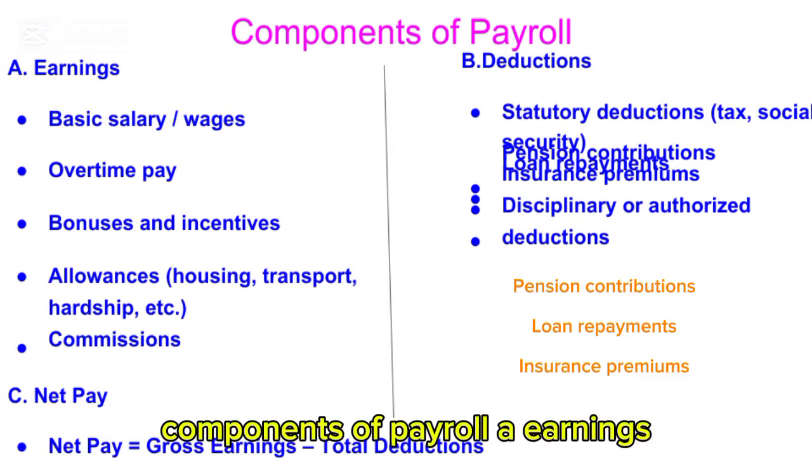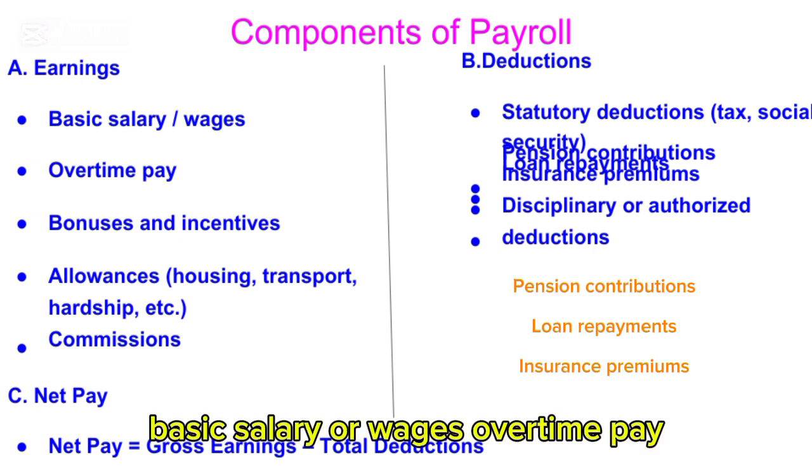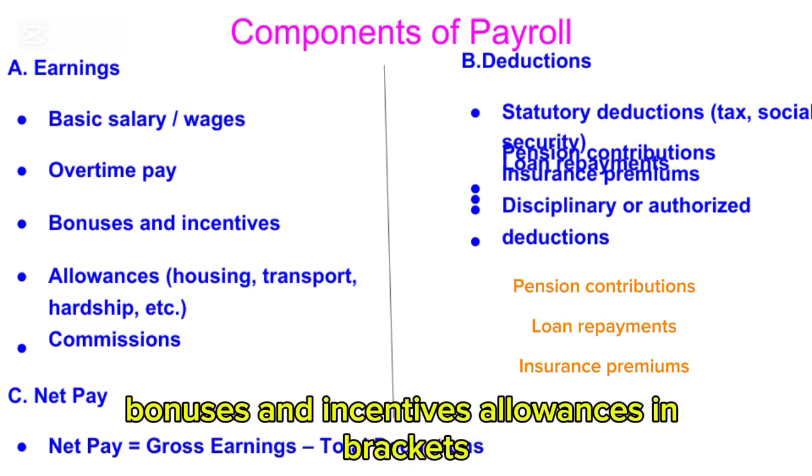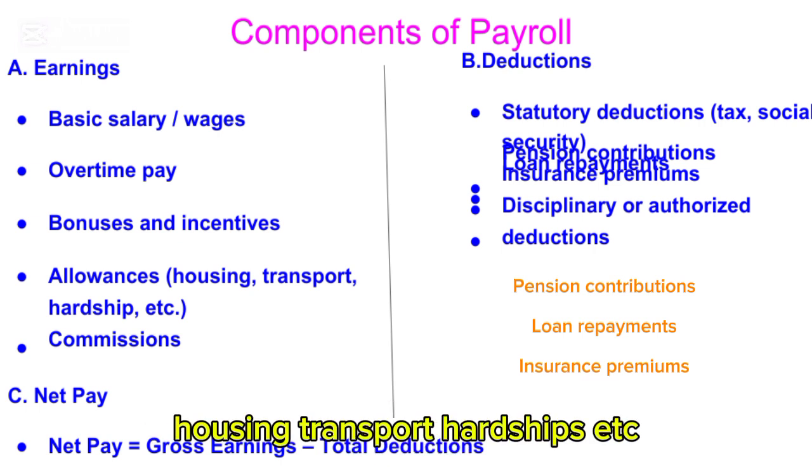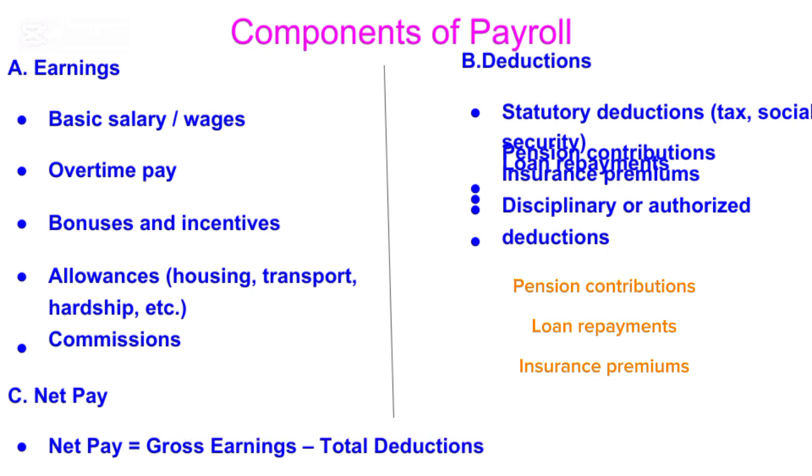Components of payroll: A. Earnings. Basic salary or wages, overtime pay, bonuses and incentives, allowances (housing, transport, hardship, etc.), commissions.